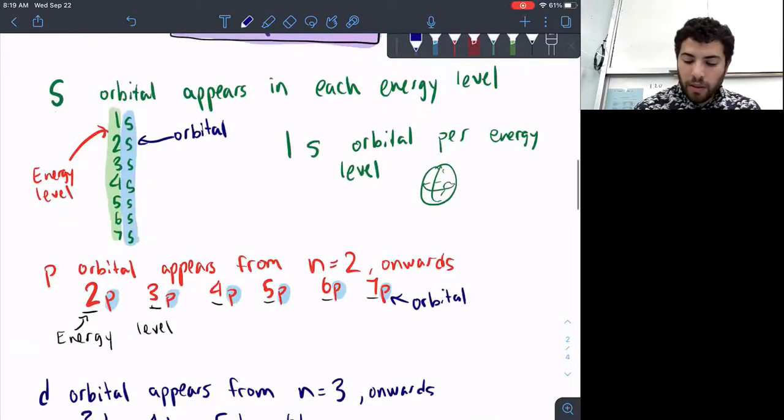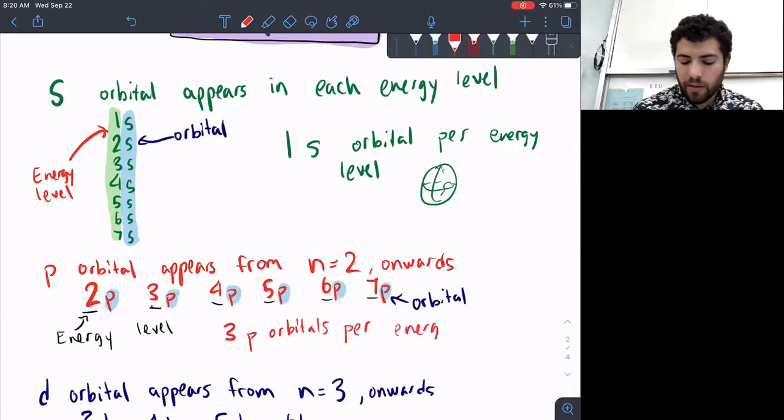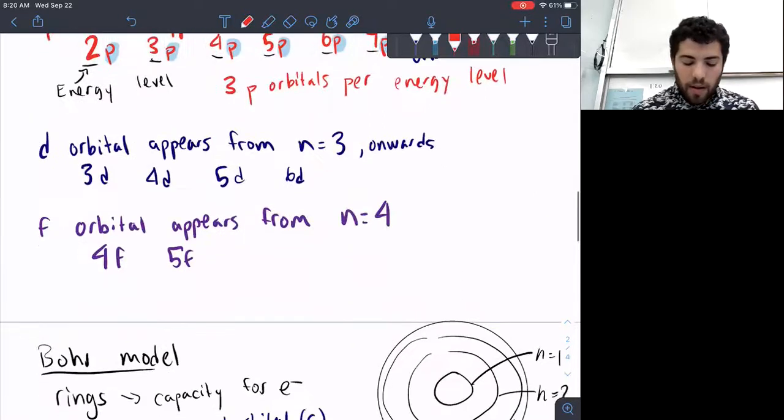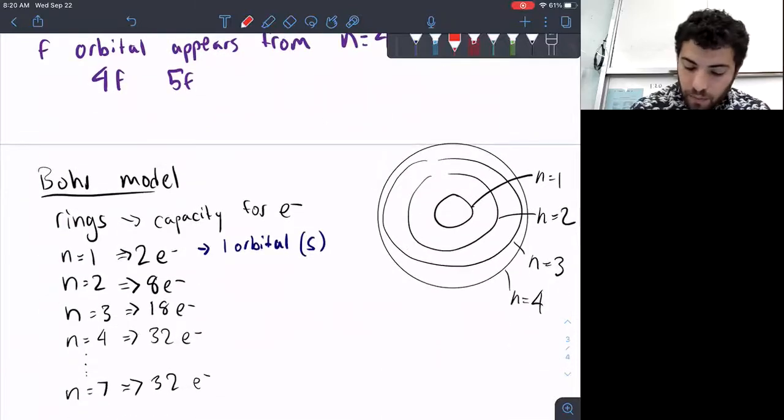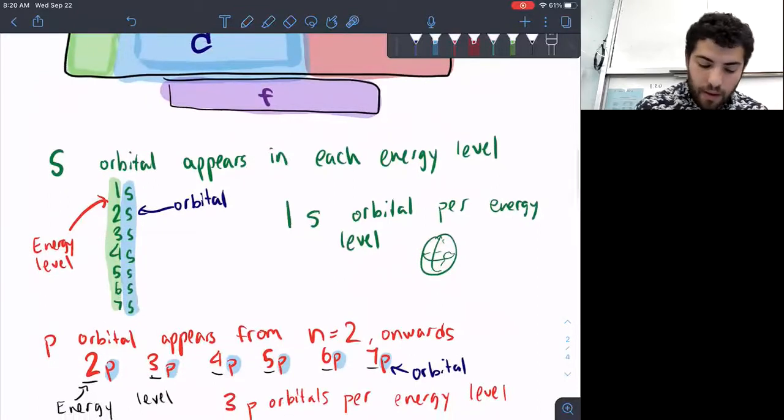Now, p orbitals come in threes. There are 3 p orbitals per energy level, and each orbital holds 2 electrons. Therefore, in the second energy level, we have the 2s and the 2p.